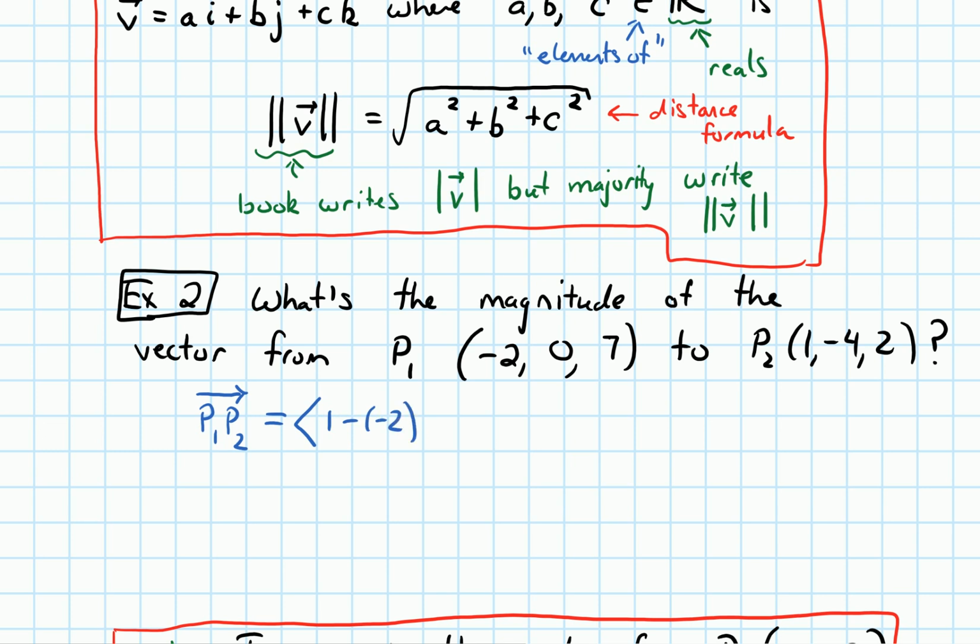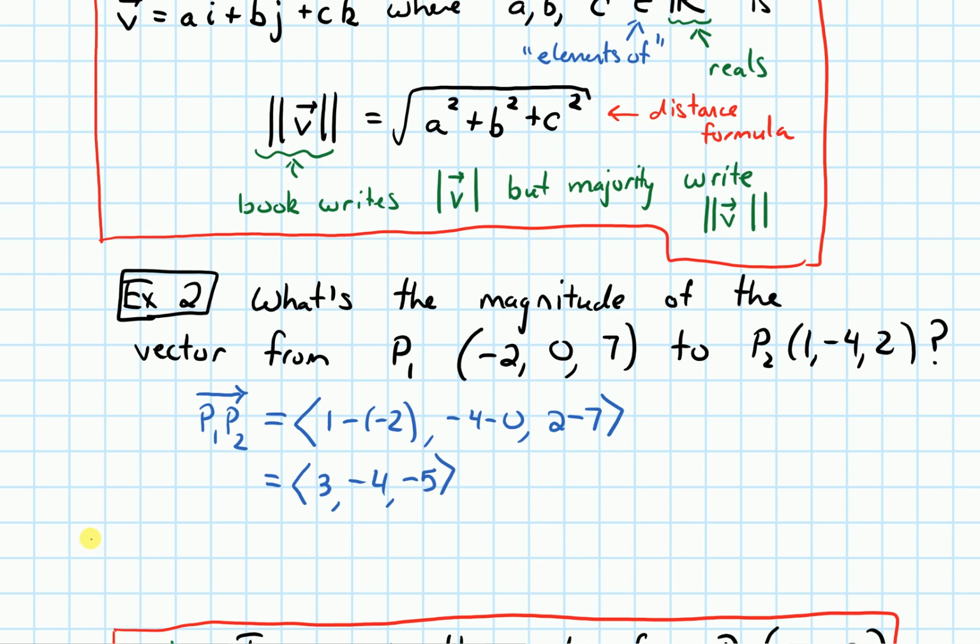The order matters because I have to begin at P1 and end at P2. For their j component, again, I'll do negative 4 minus 0. For the k component, I do 2 minus 7. All right, and then simplifying this, we get in brackets 3, comma, negative 4, comma, negative 5.